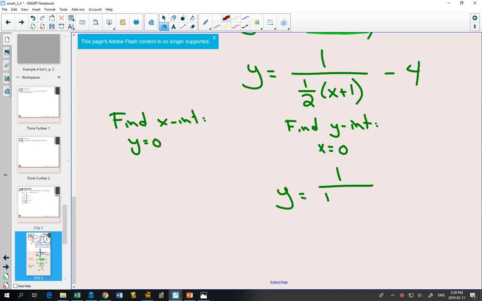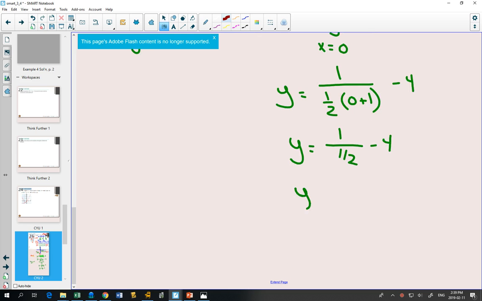You'd have 1 over 1/2 (0) plus 1, minus 4. And you just have to simplify. Dividing by a fraction is the same as multiplying by the reciprocal. So this would be 1 over 1 multiplied by 2 over 1, which is just 2 minus 4, negative 2.